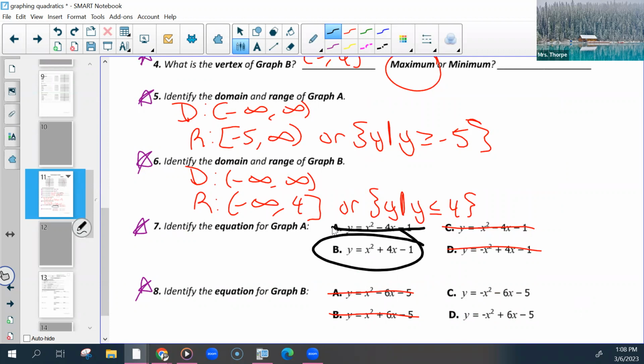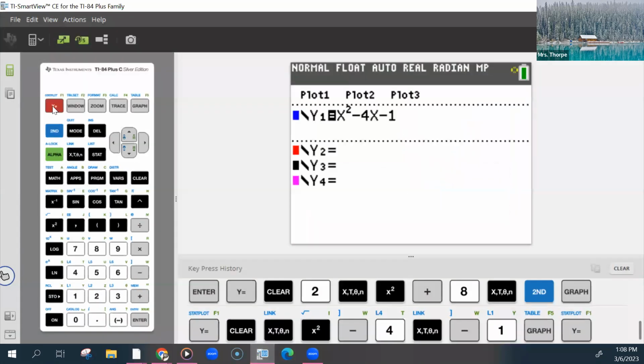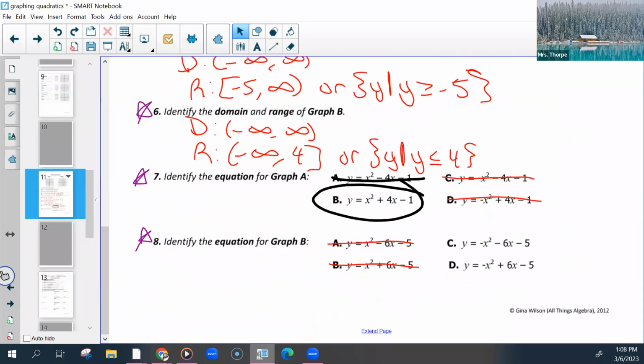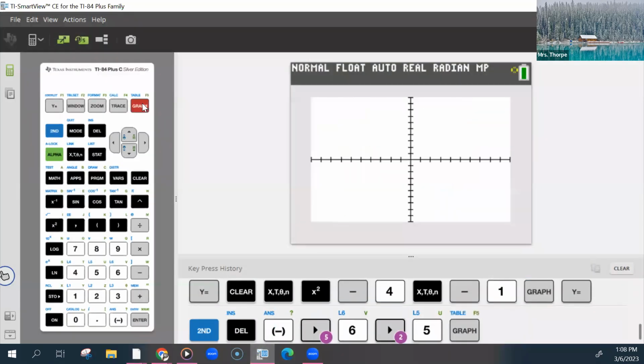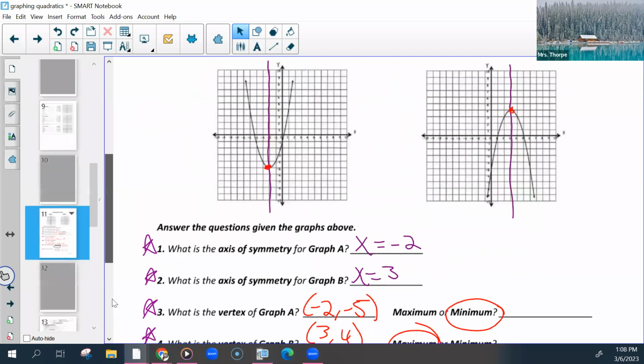And then you can do the same thing for the other. So if I put C in and graph that, this one is graphed to the left, but our graph is to the right, so it's not that one, it's the other one.